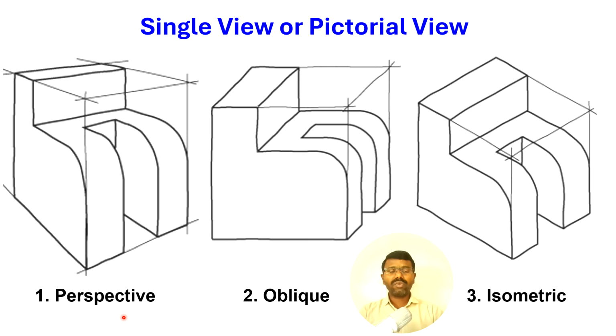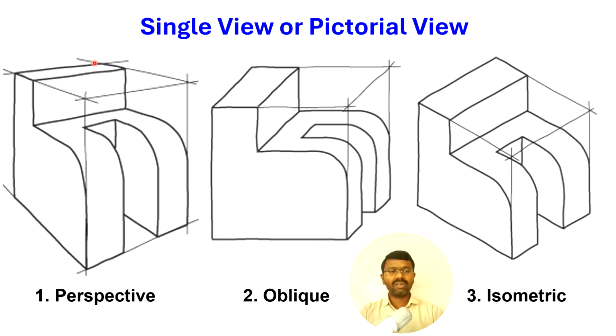The perspective view is nothing but how an object appears when you see it with our naked eyes. In the same manner, if you draw the diagram, that is called perspective view. This is very realistic in nature, but it is very difficult to understand because this edge of the object is very near to you, so it appears with longer dimensions, and this edge is away from your eyes, so it appears like a shorter dimension.